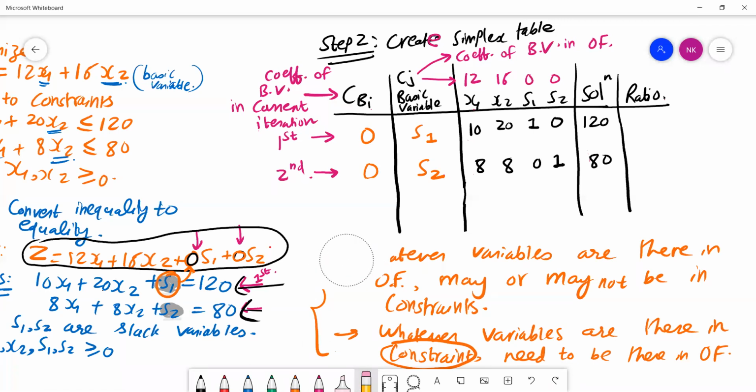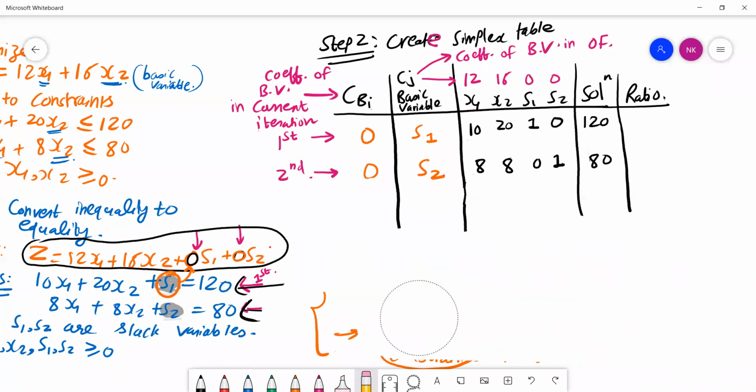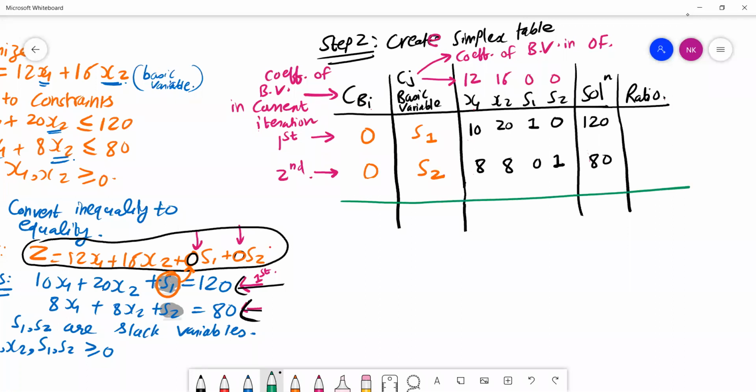Okay. So the next step, after having formulated this, is to find Zj. Now, what is this Zj? Zj is the objective value at the present iteration.